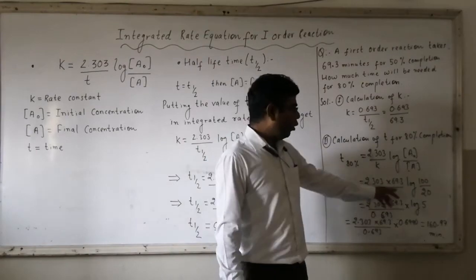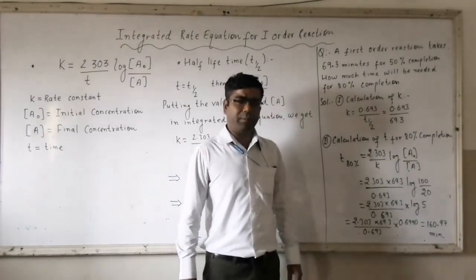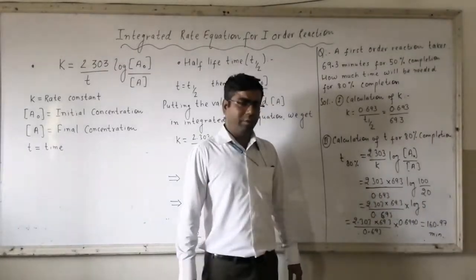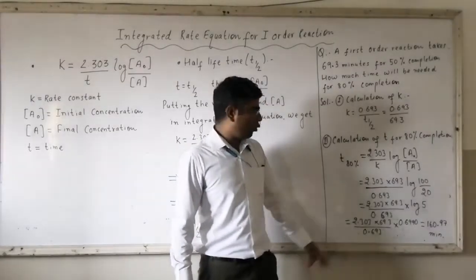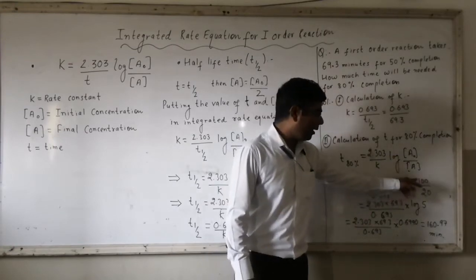So it will be log of 100 by 20. Value of k is 0.693 by 69.3. Putting the value of k here, we will get 2.303 into 69.3 divided by 0.693 into log of 100 by 20.